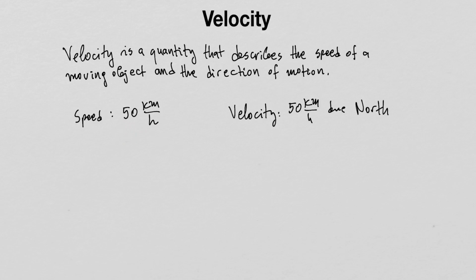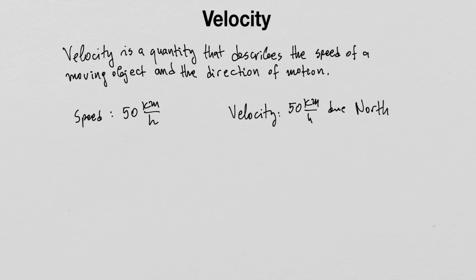So again, this just shows how fast the car was going. Now, if I wanted to talk about the velocity of the car, if I knew the direction in which it was going, then I would say that the car was going with 50 kilometers per hour. Let's say it was going north, due north. So now I'm giving the velocity of the car versus just the speed of the car, which is just how fast the car was going.